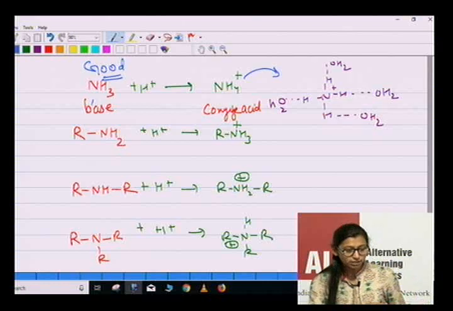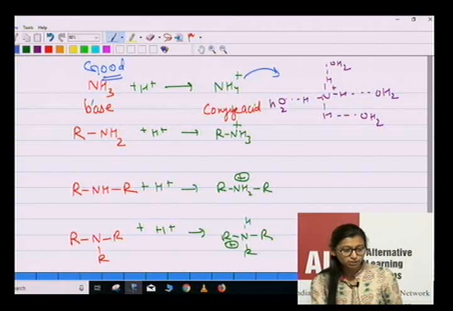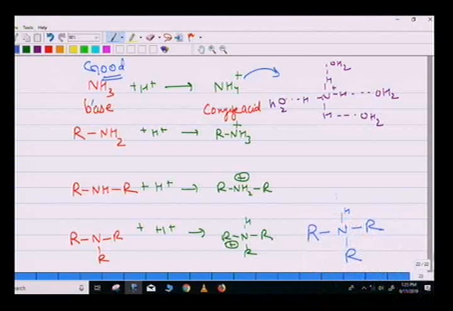Okay. Now look here at the last one, just the last one, and here below I am writing. Now I have the three R groups, very bulky groups, and there is the H, and it will get stabilized by the water. Is there any chance to get stabilized by the water here? Obviously not, because there are such bulky groups sitting over there.